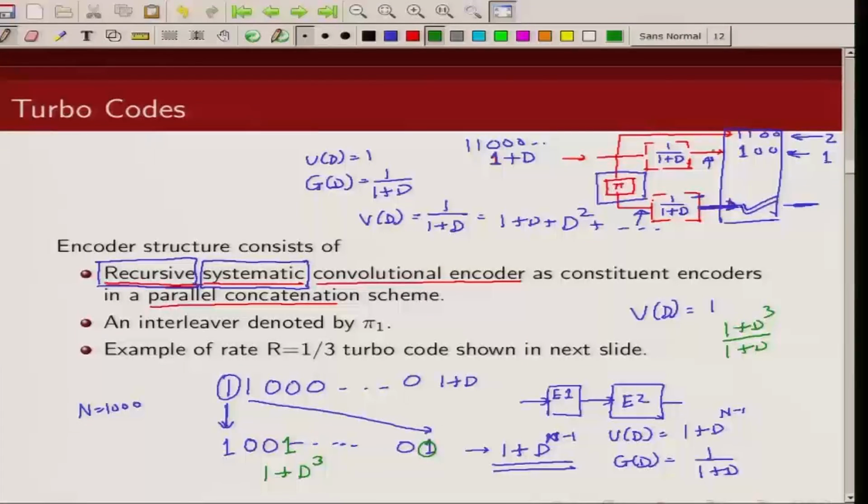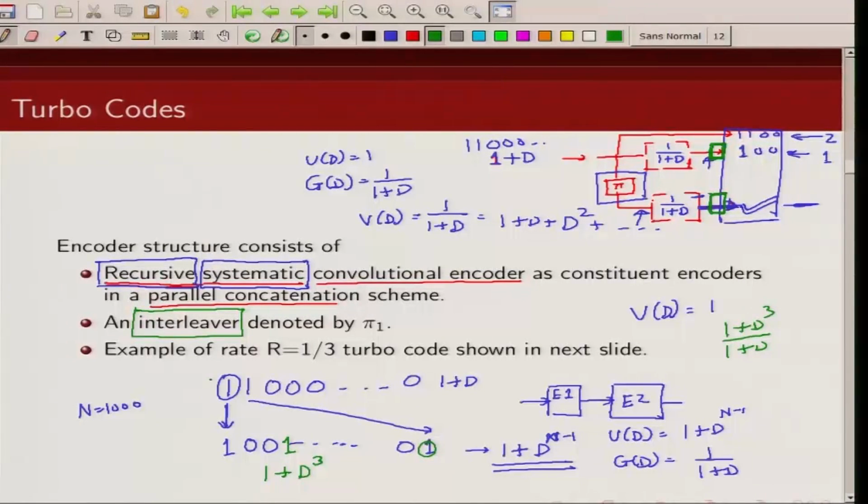Ideally, what you would like is, if the parity sequence coming out here has low weight, then this should generate a large weight parity sequence, and if this is generating a parity sequence with low weight, then this should generate a parity sequence with large weight. So, again I cannot emphasize enough the role of interleaver, because this is a very, very crucial component of turbo encoder, and it also helps in some sense randomizing the code, make the code look random like, if you want to use that word.